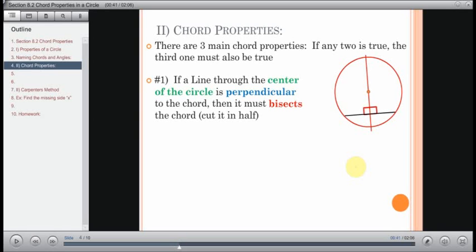How do you know a line goes through the center? Because it goes through that center dot. If it's perpendicular to the chord, there's the chord right there, and perpendicular means it's at 90 degrees, then that line is cutting the chord directly in half. So this is half of that.